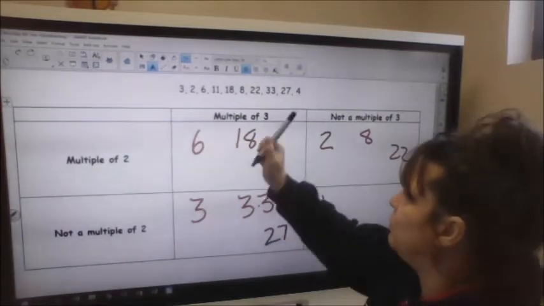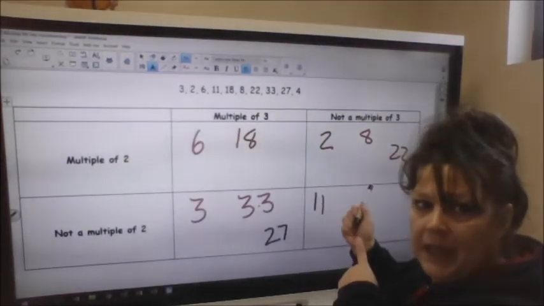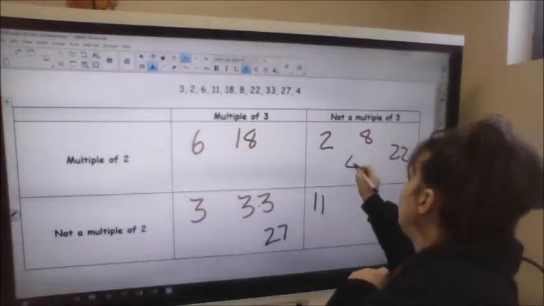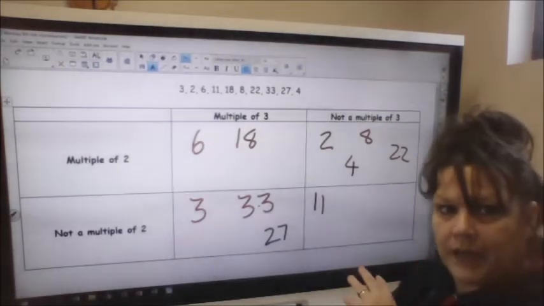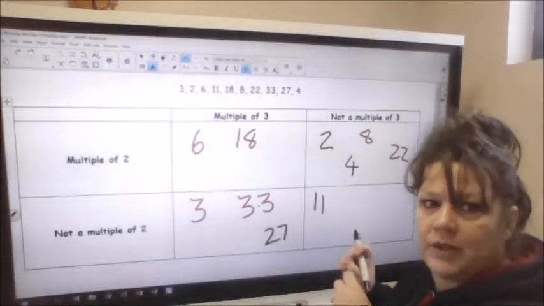And then 4 is a multiple of 2, but it doesn't appear in the 3 times table, so it would go there. Okay, so that's how we sort out the diagram.